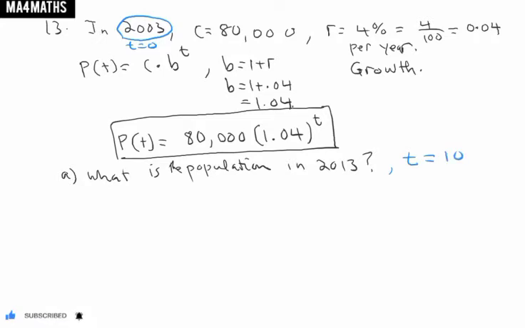And in other words, the problem is asking us to find P of 10, which is 80,000 times 1.04 raised to the power 10. Can you guys work this out and tell me what you got? And then we'll figure out if it's accurate enough. So any ideas?